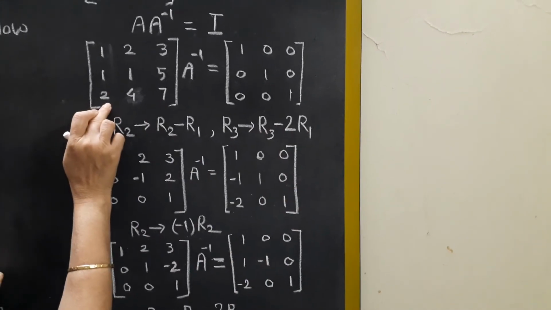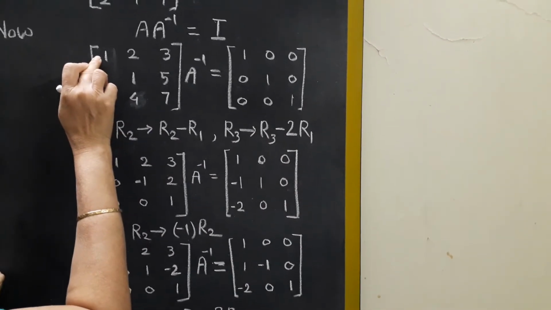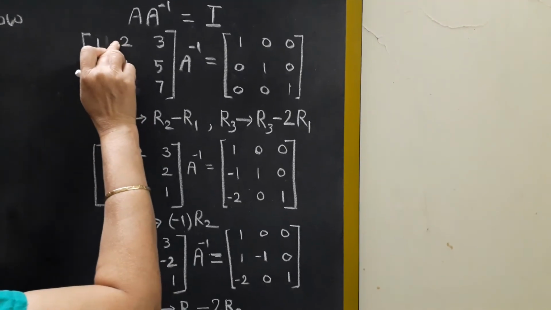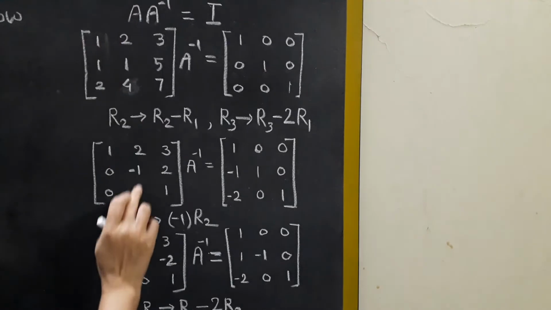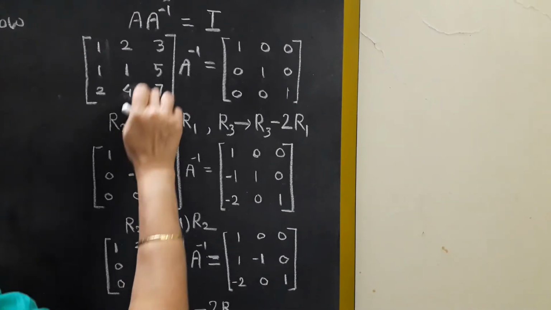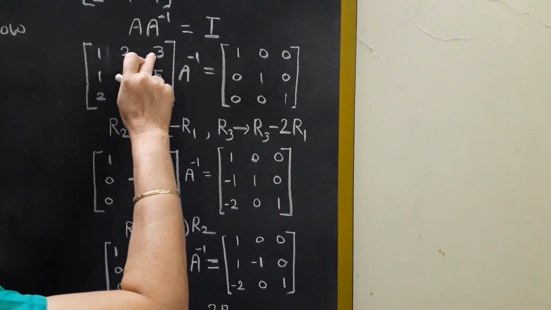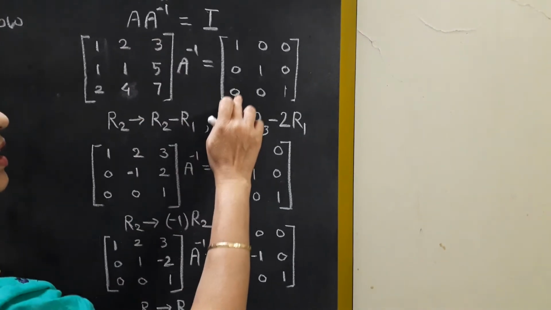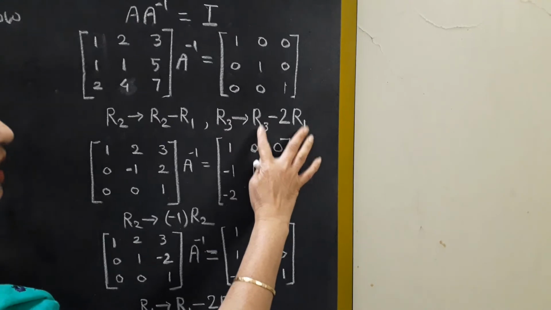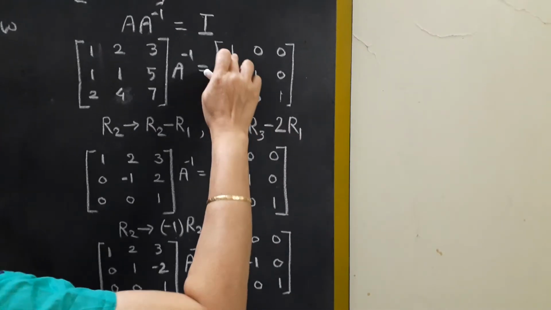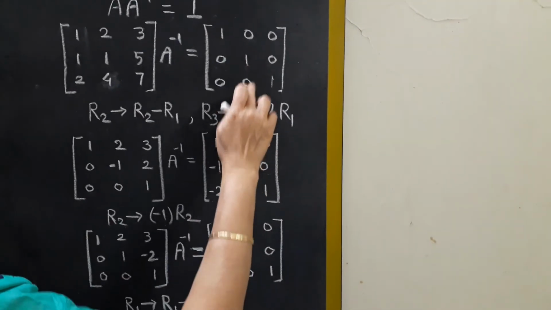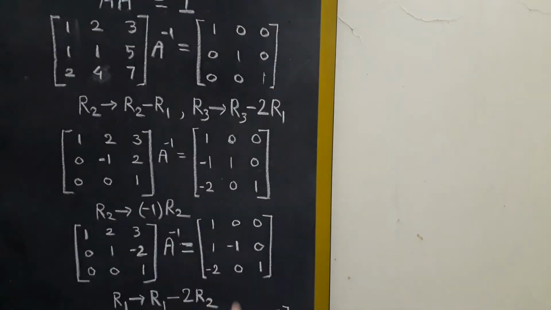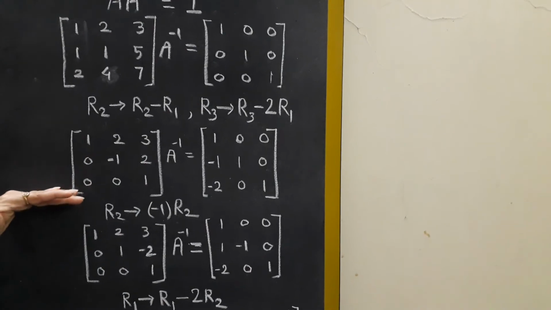So 2 minus 2 times 1 gives 0; 4 minus 2 times 2 is once again 0; 7 minus 2 times 3 is 6, and 7 minus 6 is 1. In the same manner on this side: 0 minus 2 times 1, 0 minus 2 times 0, 1 minus 2 times 0. So these are the numbers we get.